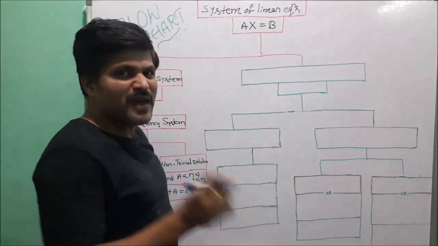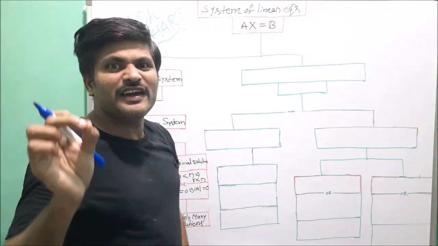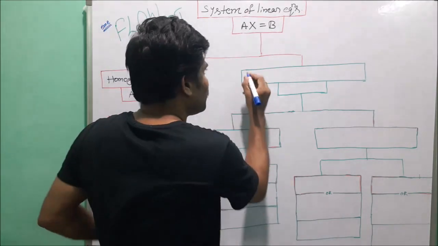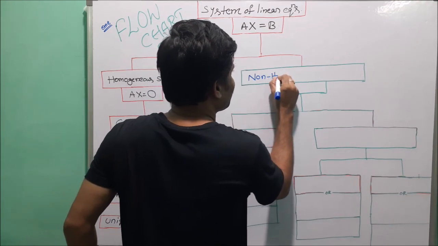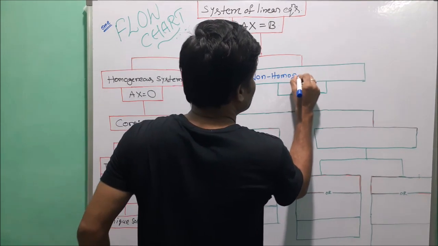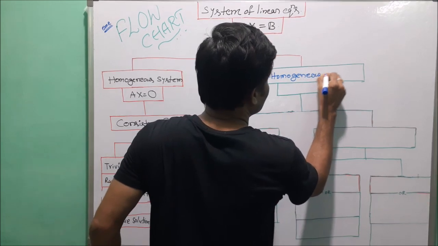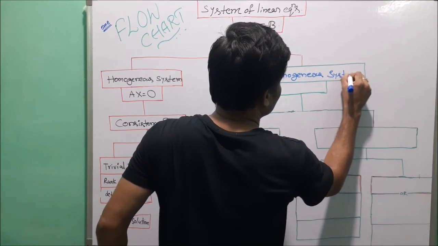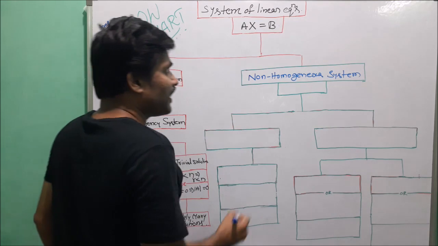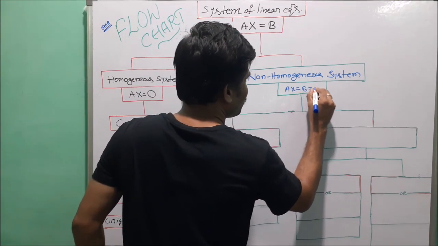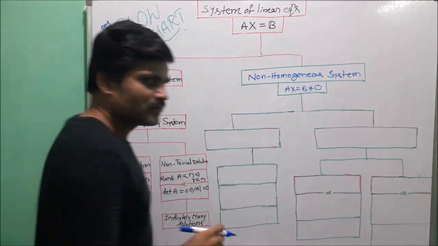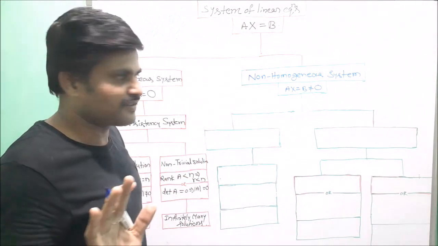That type of system is called a non-homogeneous linear system. Here the matrix form is Ax equals B, where B is not equal to the null matrix.